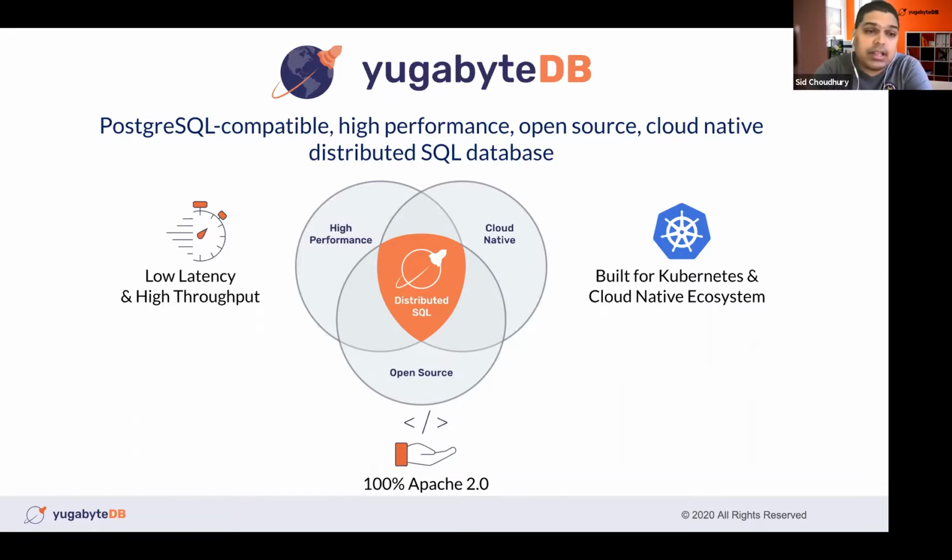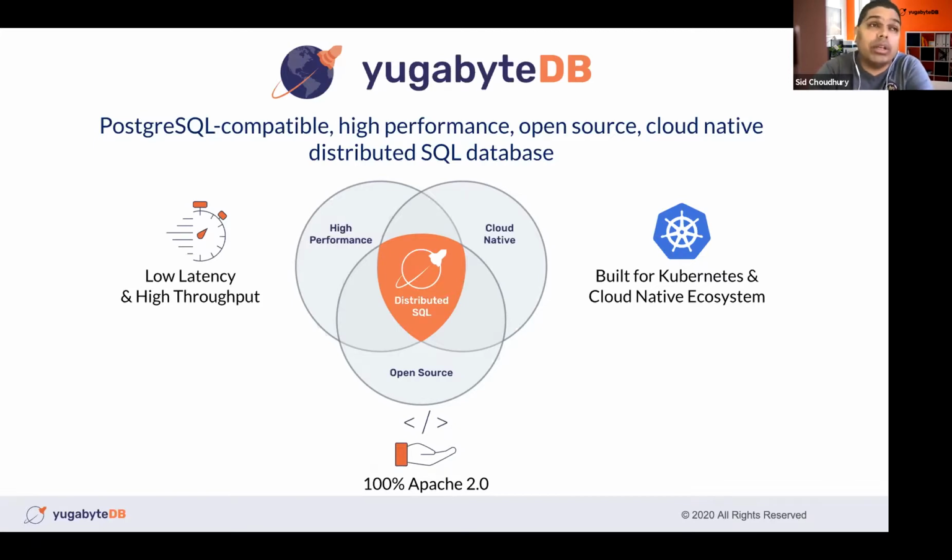High performance, the ability to take a relational database and make it low latency and high throughput in a distributed form factor is very important in today's world, especially when we bring in the next aspect, which is the ability to run such a database inside modern cloud native infrastructure.